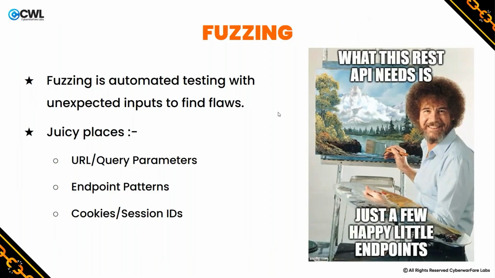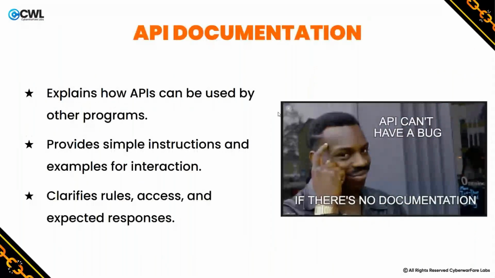Now moving on from here, we have the API documentation. These API documentations explain how the API can be used, and almost every company that uses APIs has one or more API documentation methods and publishes them.